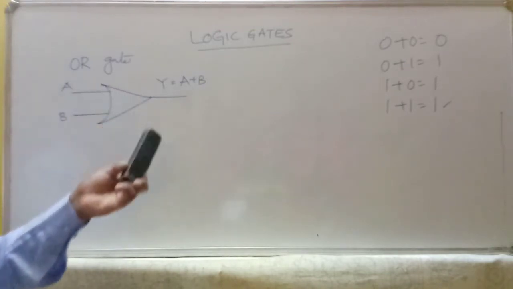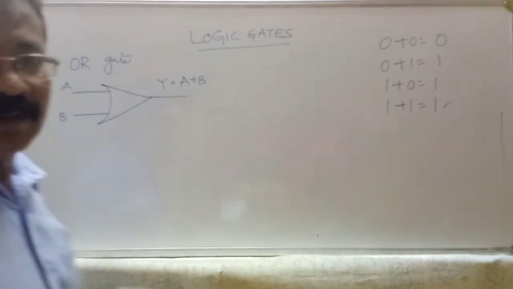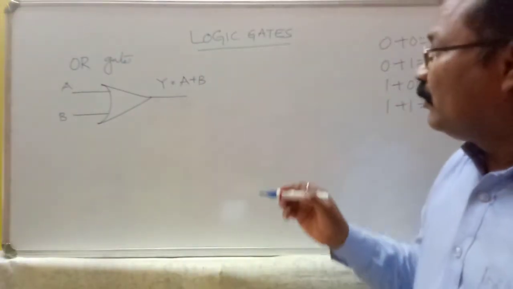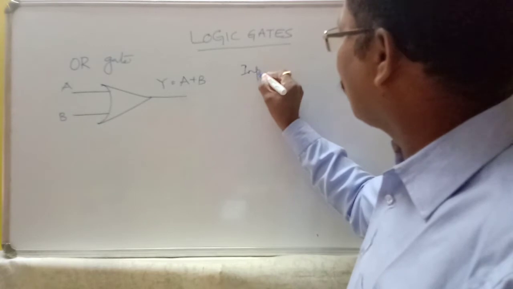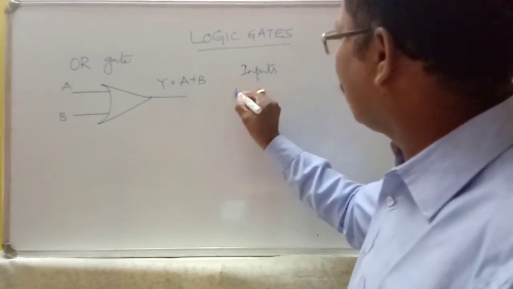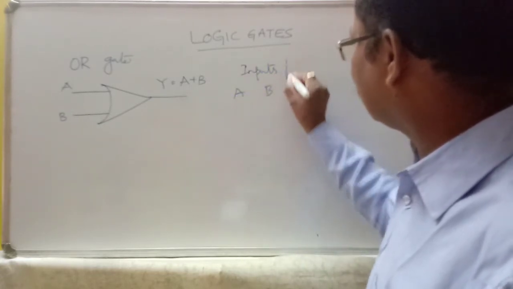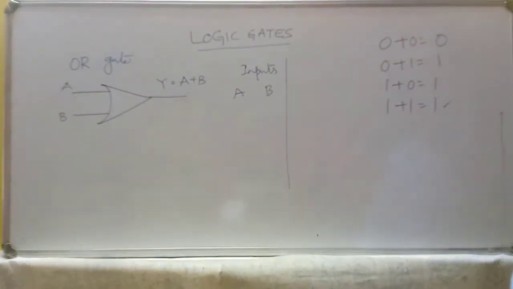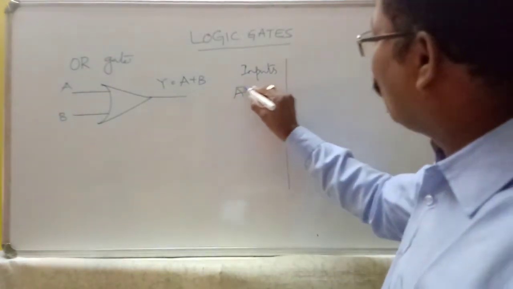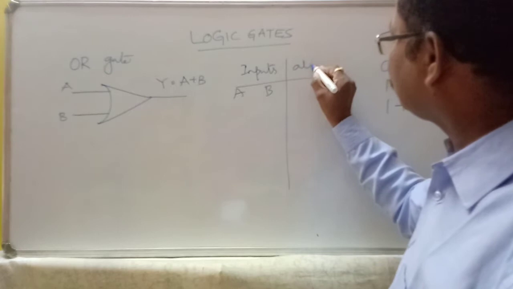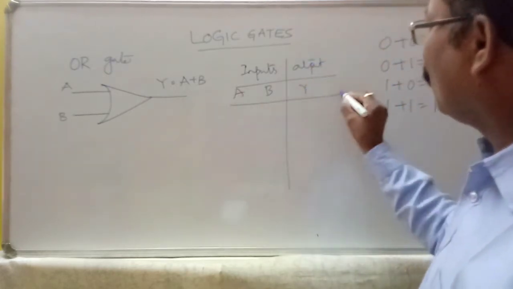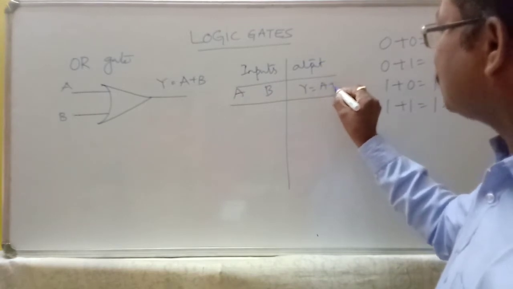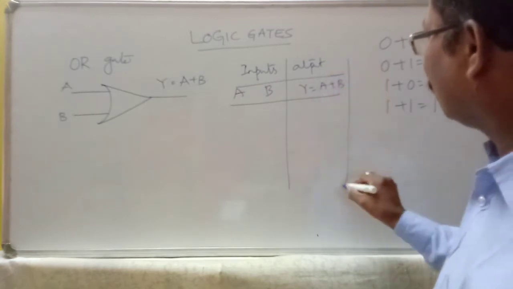Now we are coming to the behavior of this circuit. Here, the inputs are A, B, and the output is Y. Y is A plus B, addition, OR gate.